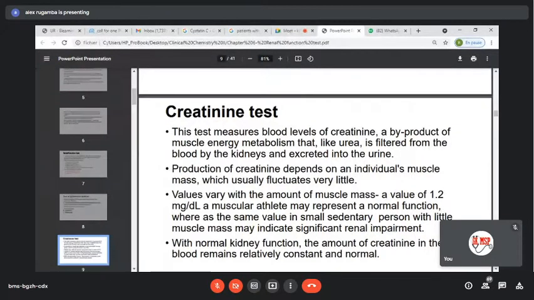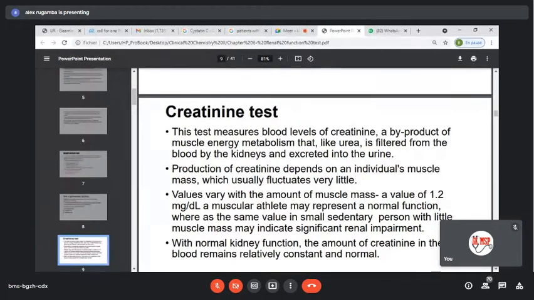Creatinine is also a waste produced by muscle activity. So this test measures the blood level of creatinine, a byproduct of muscle energy metabolism. The production of creatinine depends on the individual's muscle mass, which usually fluctuates every year.